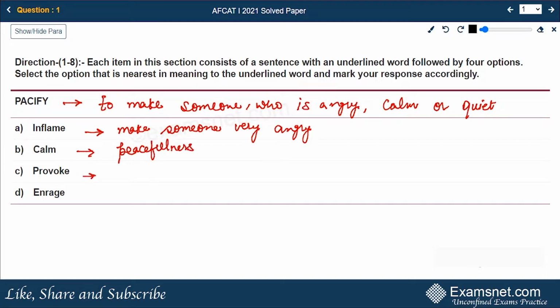Provoke means to intensify strong feelings of anger in someone.